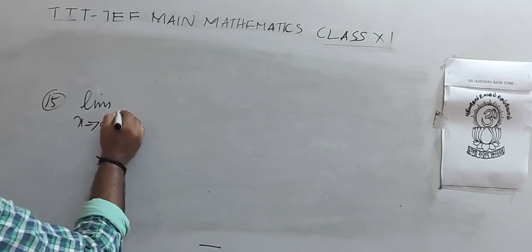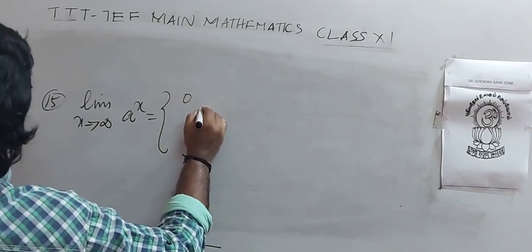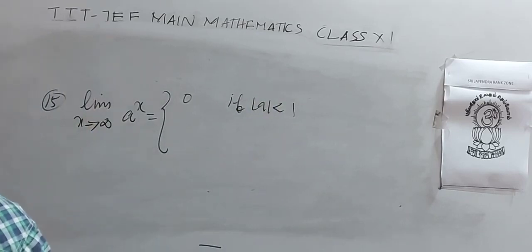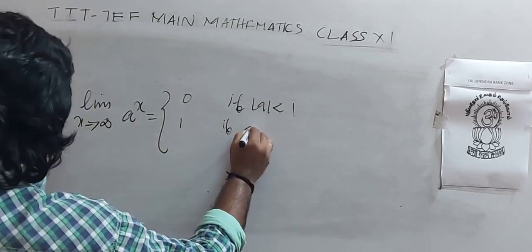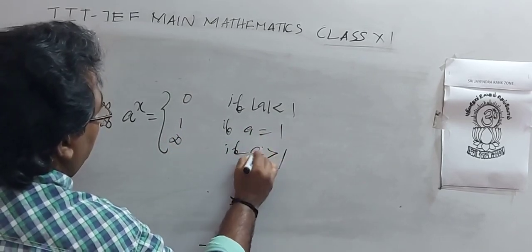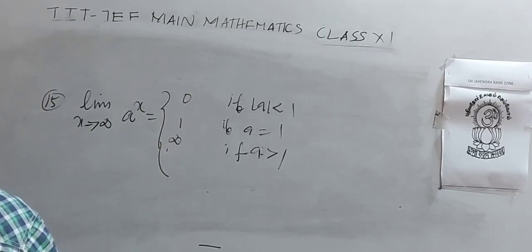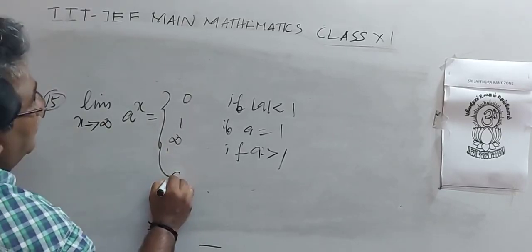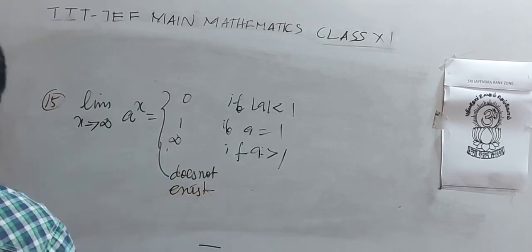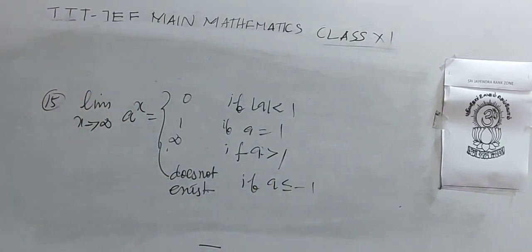Limit x tends to infinity of a power x is 0 if modulus of a is less than 1, 1 if a equals 1, infinity if a is greater than 1, and does not exist if a is less than or equal to minus 1.